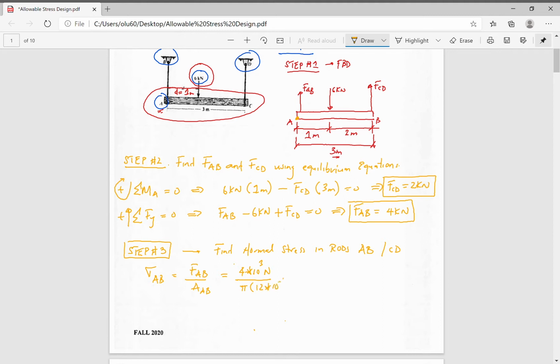If you convert that to meters, and then divide, this is going to give us 333 megapascal. So that's the average normal stress of rod AB.